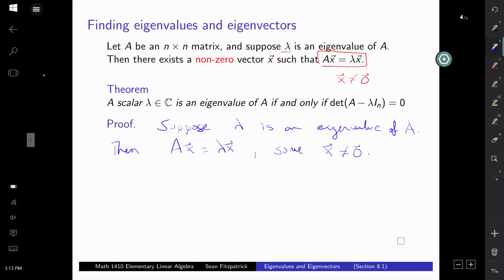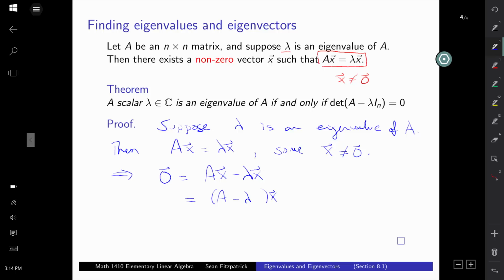Now let me rearrange this equation. Let me write this as 0 equals Ax minus lambda x. I want to factor that x out, but the problem is that I can't write A minus lambda times x, because A is a matrix and lambda is a scalar.